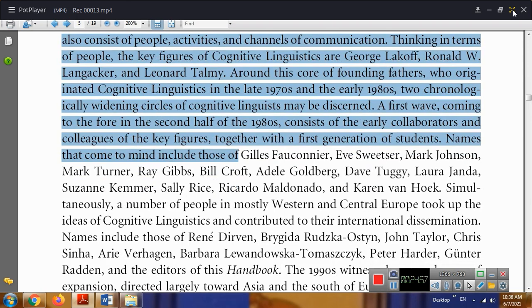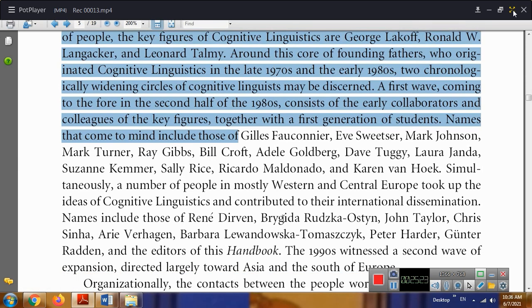Names that come to mind include those of Fauconnier, Sweetser, Johnson, Turner, Gibbs, Croft, Goldberg, Tuggy, Janda, Kemmer, Rice, Maldonado, Hogg. Simultaneously, a number of people in mostly Western and Central Europe took up the idea of cognitive linguistics and contributed to its international dissemination.